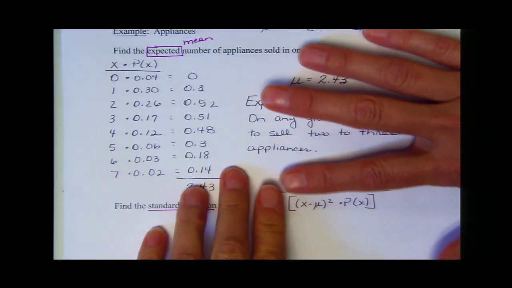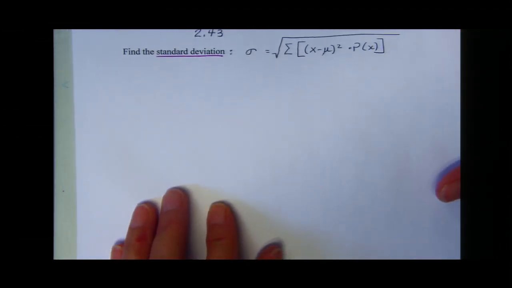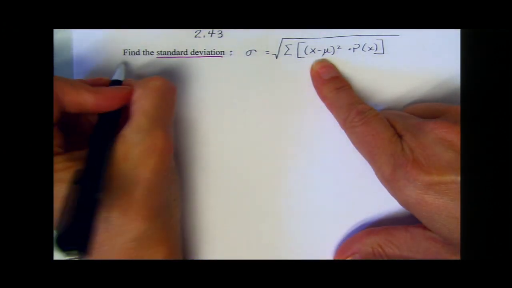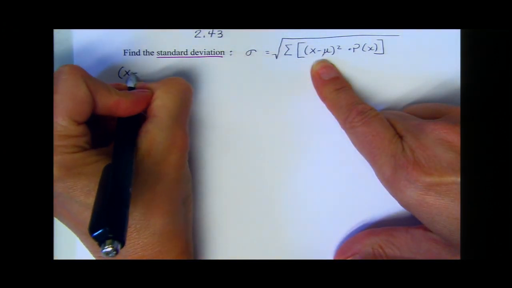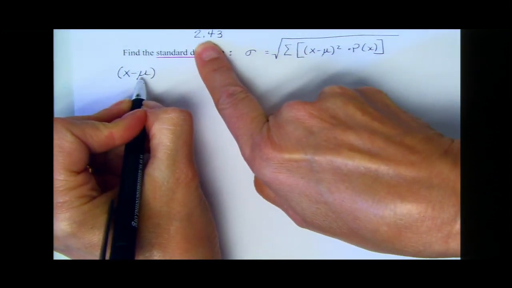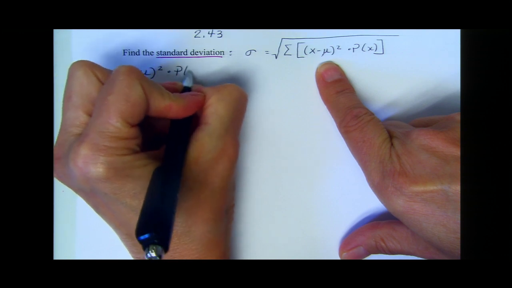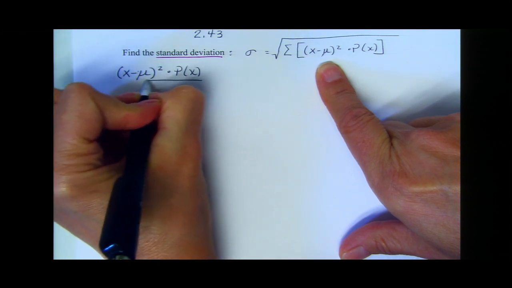What we're going to deal with first is just this x minus mu squared times p of x. This is where it takes a lot of calculations. We're going to do x minus mu, and mu is what we just calculated, 2.43, squared, times p of x. We have to do this for each x value.